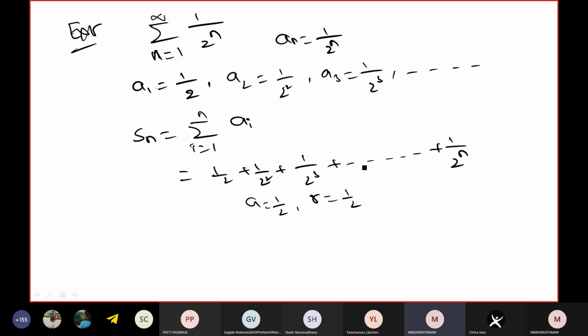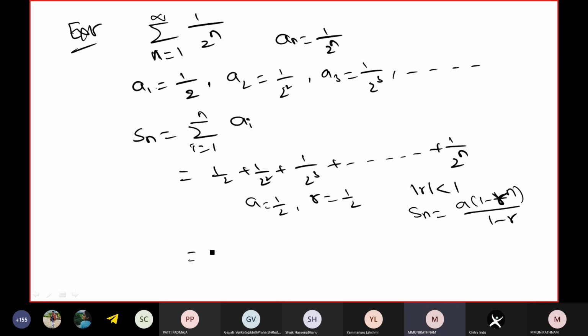This is nothing but a geometric series. If mod r is less than 1, then Sn is a into 1 minus r power n by 1 minus r.